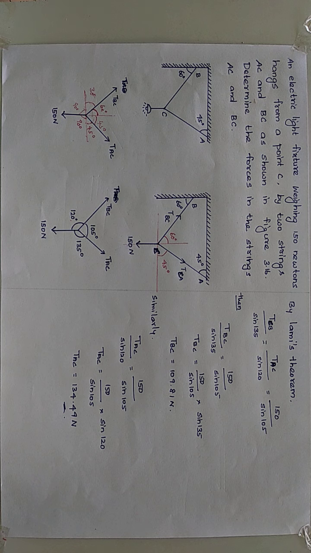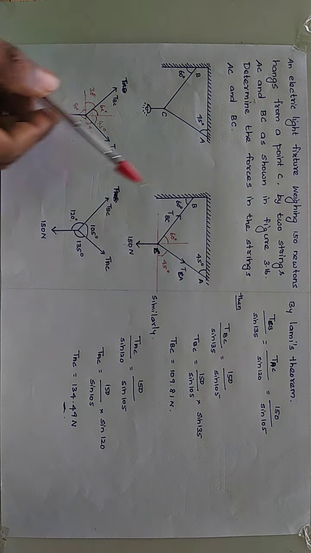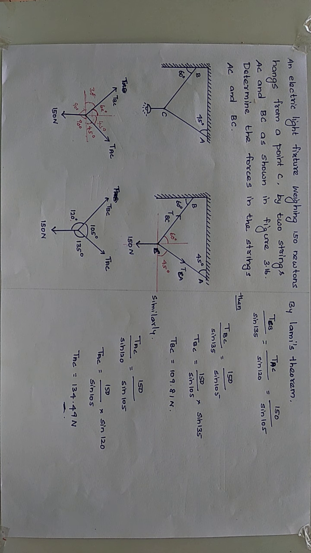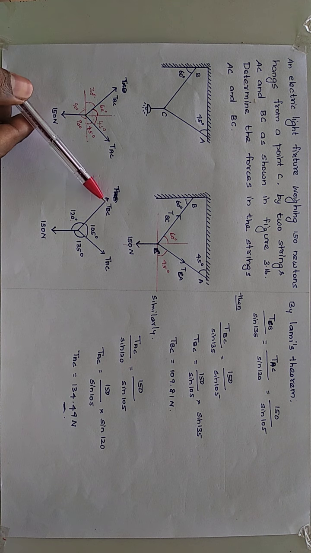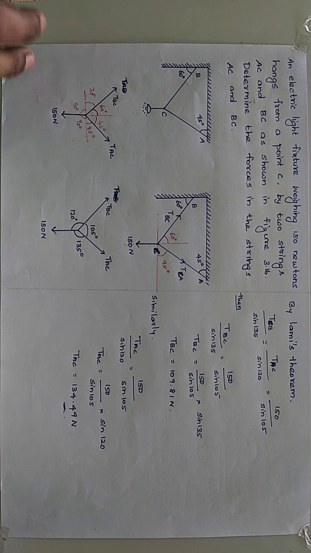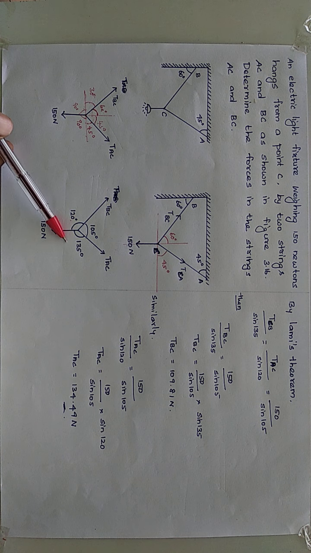Then Lami's theorem states that TBC divided by sine of the angle between the other two forces. Totally here there are 3 forces. I am considering this force; the other 2 forces are these 2. The angle between the other 2 forces is 135 degree.